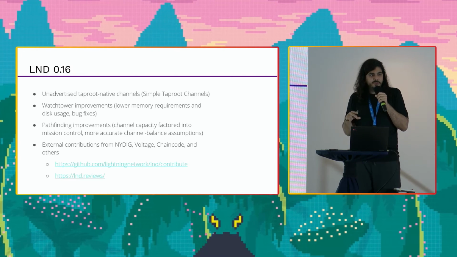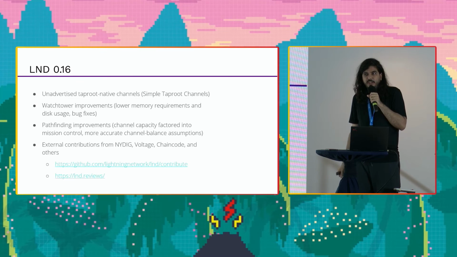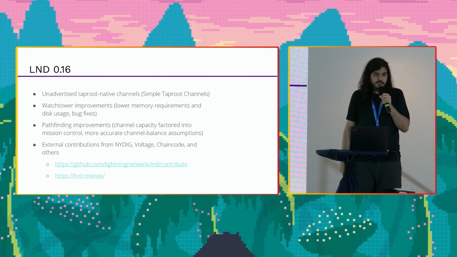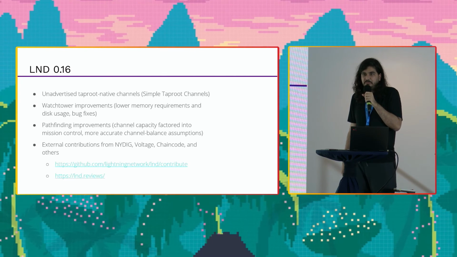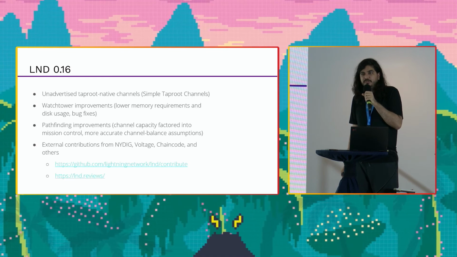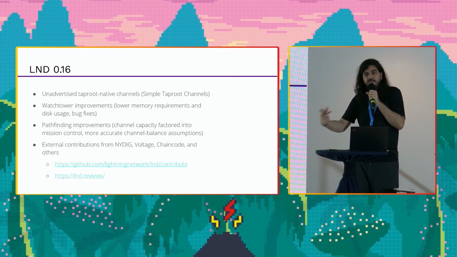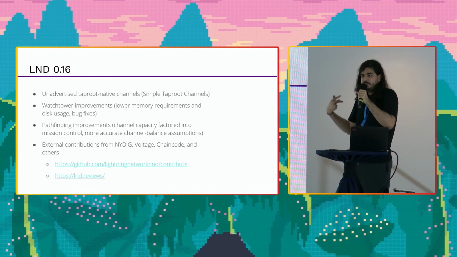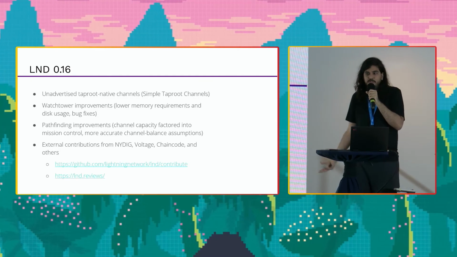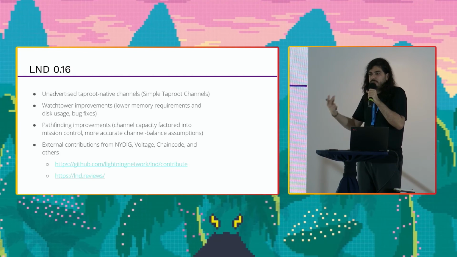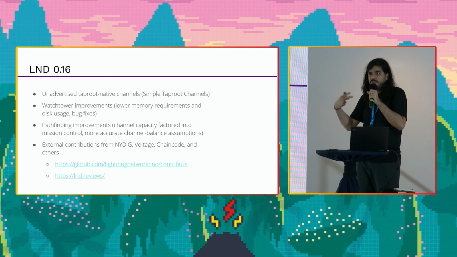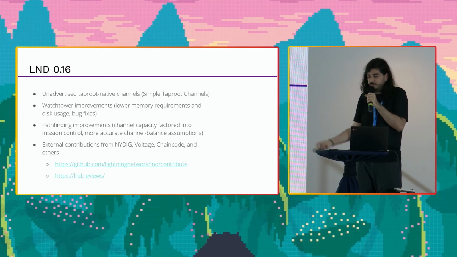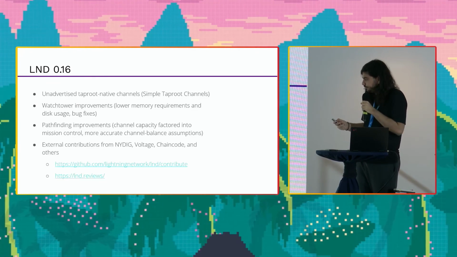I have some people here in the audience that I know came to some of these LND review clubs, and for most of the people that I talked with, it has been really helpful to get more understanding of how the different parts of the code base work together, and it's a really good way for you to learn and start your process of contributing to LND.